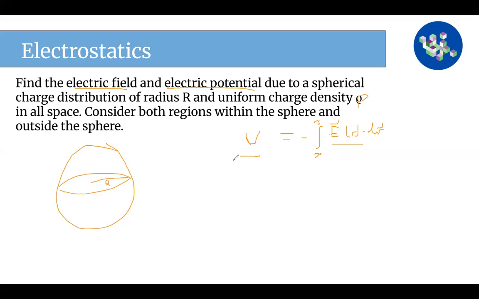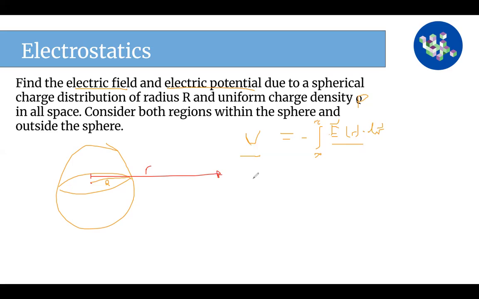Let's first figure out if we're outside the sphere. Maybe I'm over here at a distance r from the center of the sphere. Remember, in the first or second class, we introduced the shell principle.